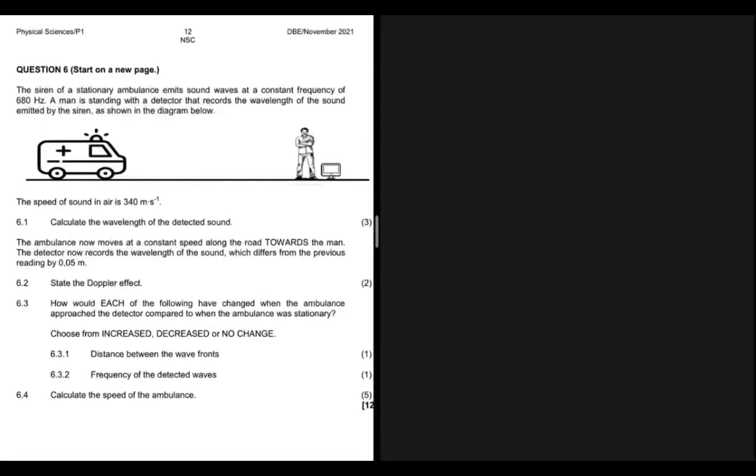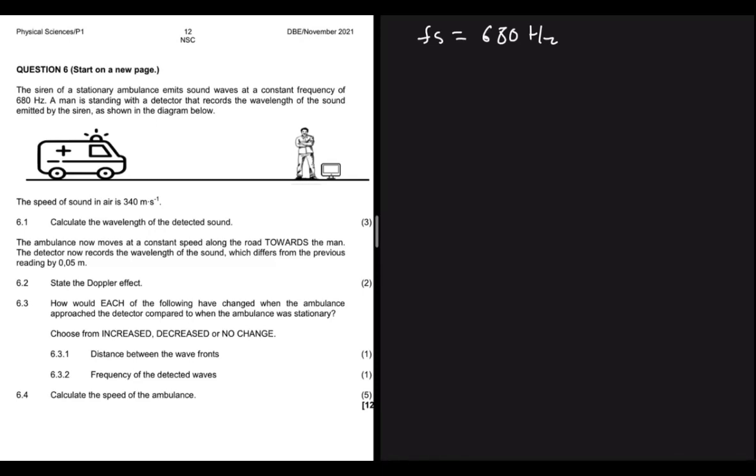So the siren of a stationary ambulance emits sound waves at a constant frequency of 680 Hz. So we have the frequency of the source being 680 Hz. And then a man is standing with a detector that records the wavelength of the sound emitted by the siren, as shown in the diagram below.